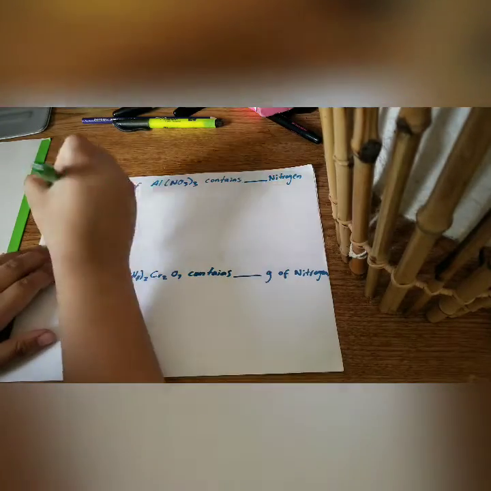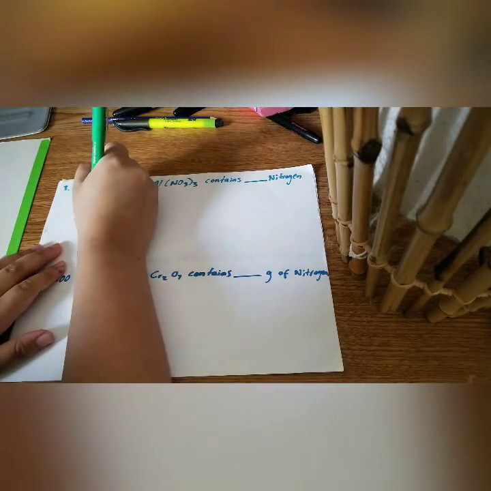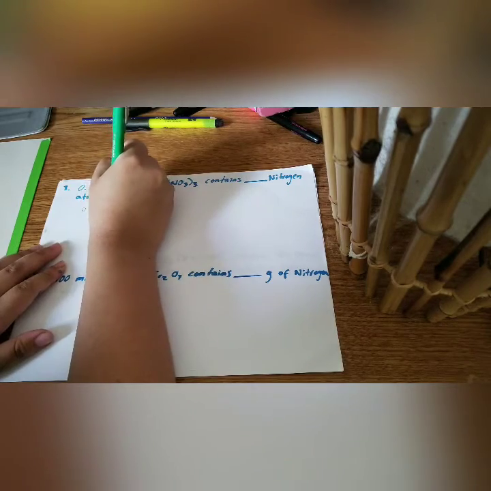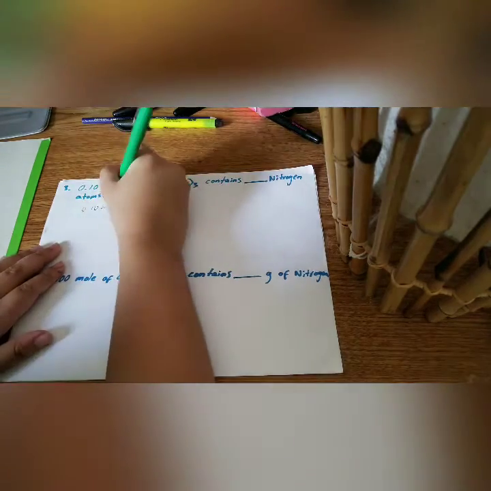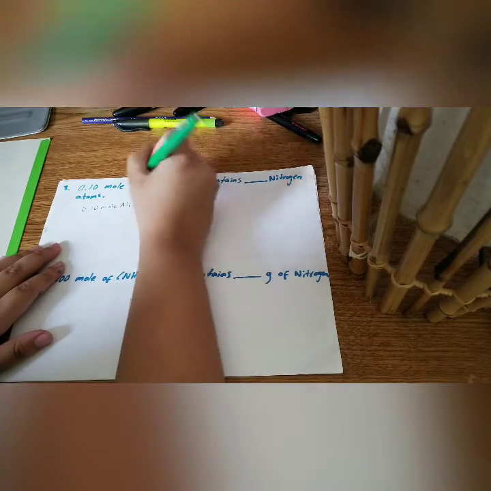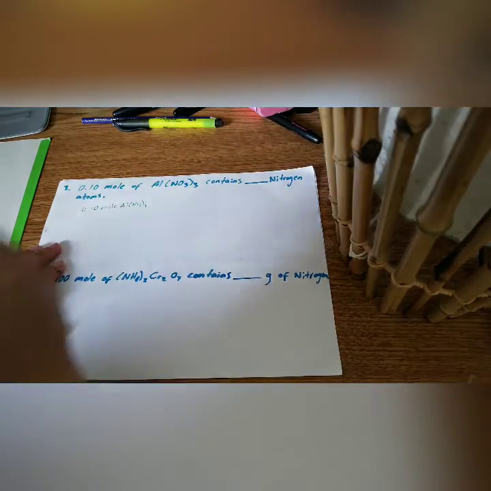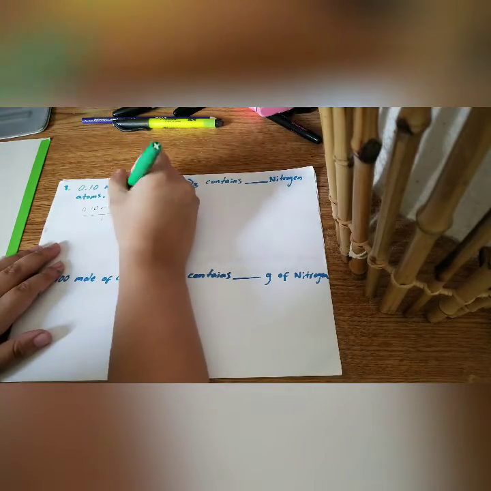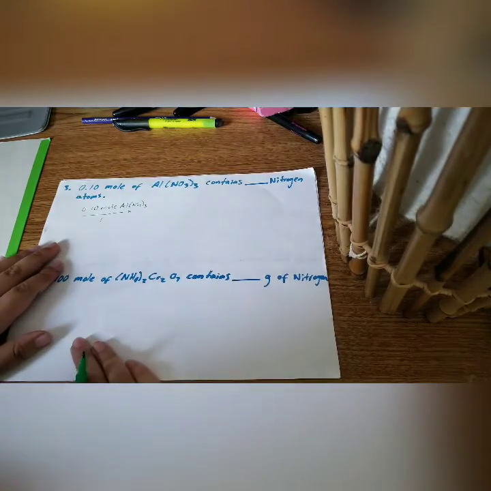So we start off by saying that you have 0.10 moles of aluminum nitrate. You always start off with whatever they give you.